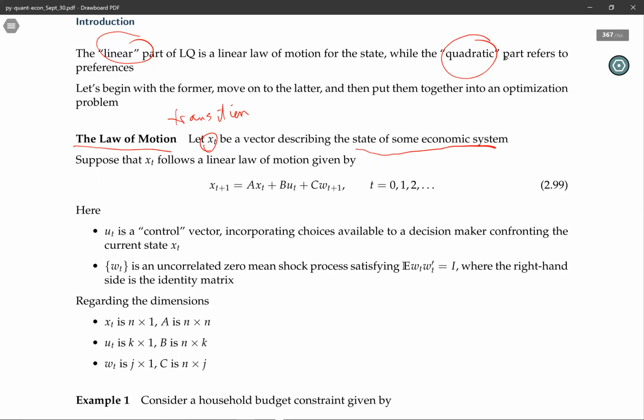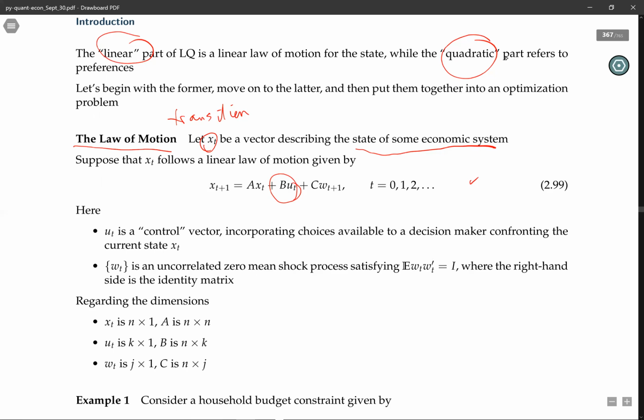And we're going to assume that xt follows a linear law of motion. Now, this is just what we wrote down before, with one addition. There's going to be an additional thing called b times ut. And what ut is, it's a control vector. It's a vector of decisions that whoever's in charge of the system can make and alter the motion of x.